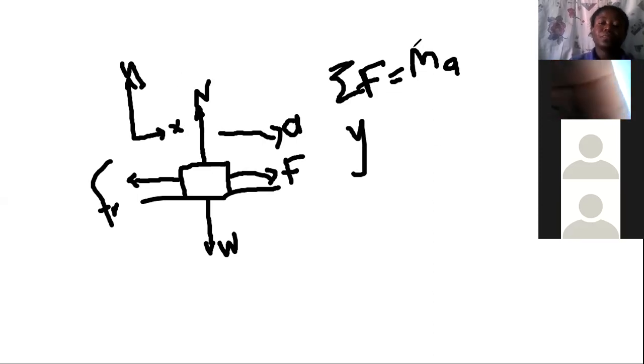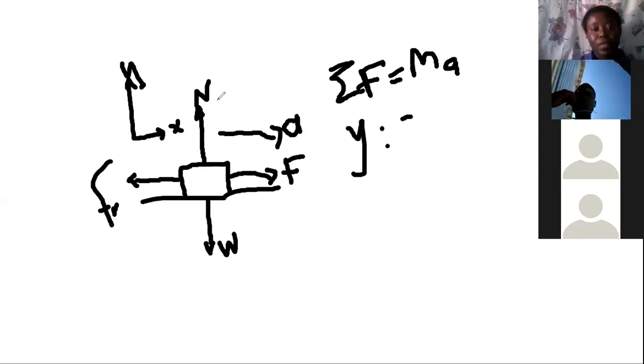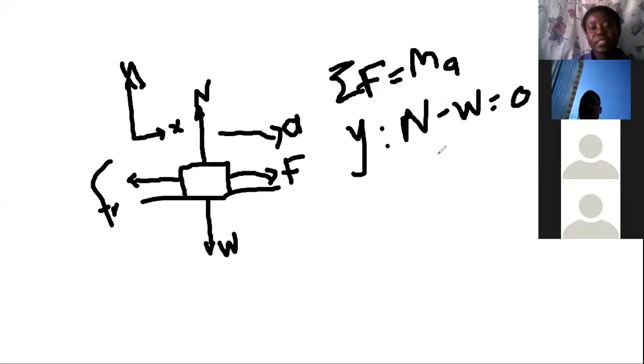In the y direction, the upward is our positive direction. Then we have the normal force, which is positive, minus the weight, equals 0. Why is it equal to 0? There is no acceleration in the y direction.